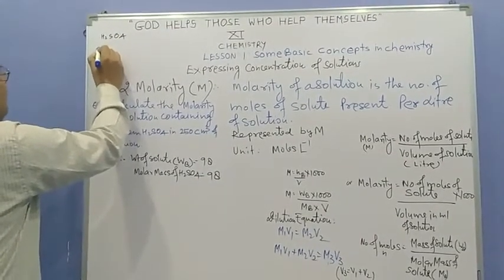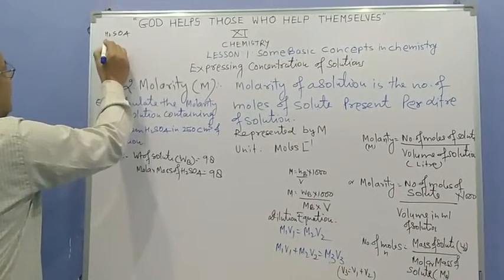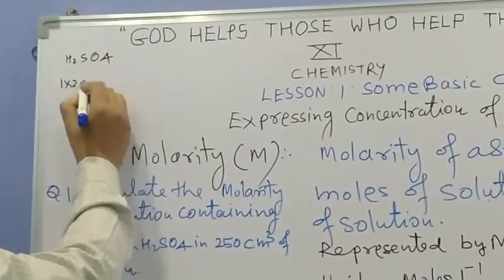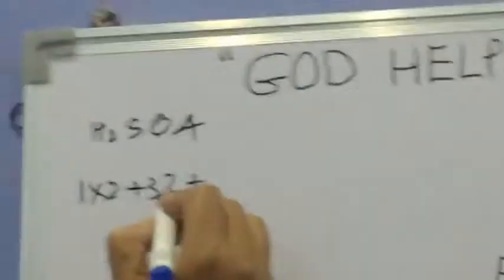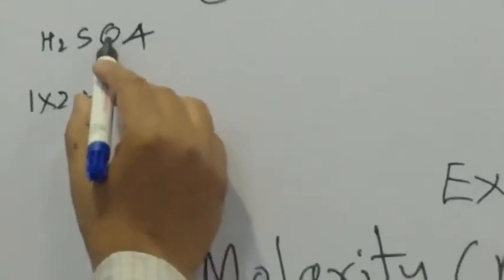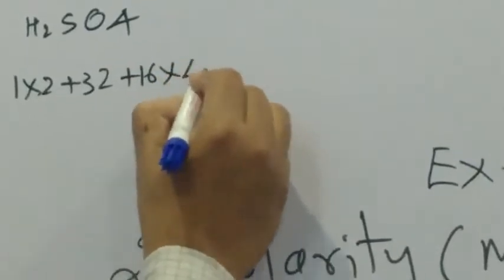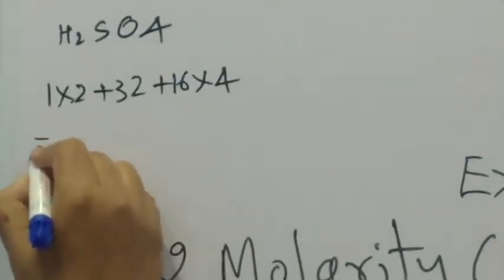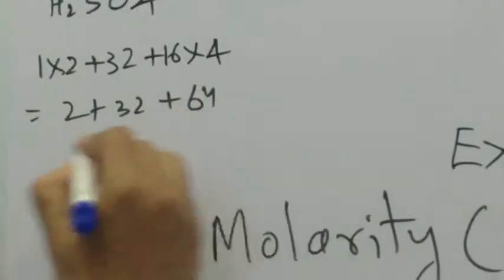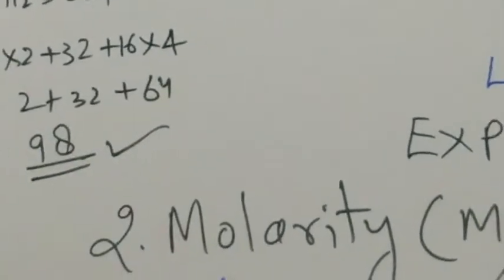The atomic mass of hydrogen is 1. Here there are 2 atoms of hydrogen, so multiply by 2, plus the atomic mass of sulfur, which is 32, plus the atomic mass of oxygen, which is 16. Here there are 4 atoms of oxygen, so 16 into 4. Now 2 plus 32 plus 64, I add it, that will be equal to 98, which is the molecular mass.